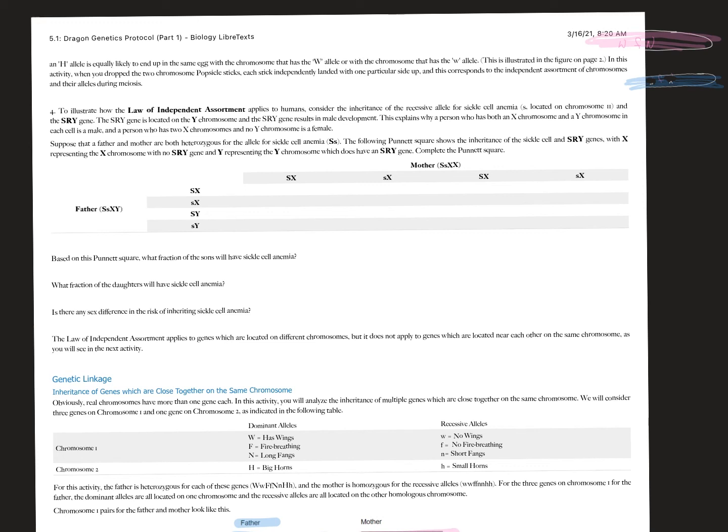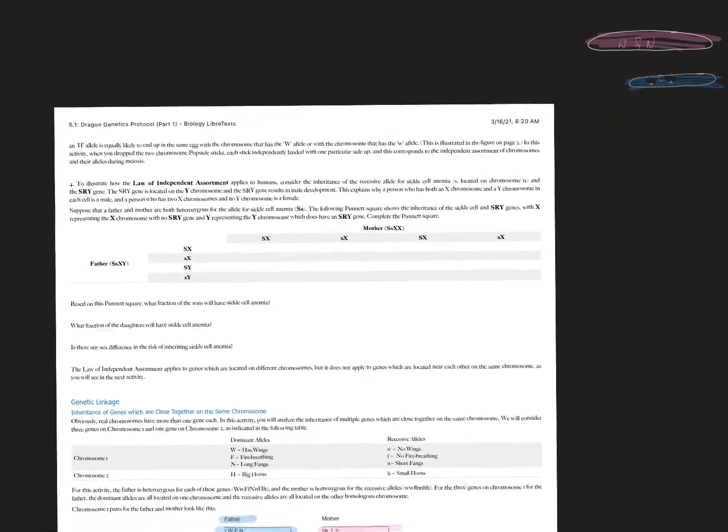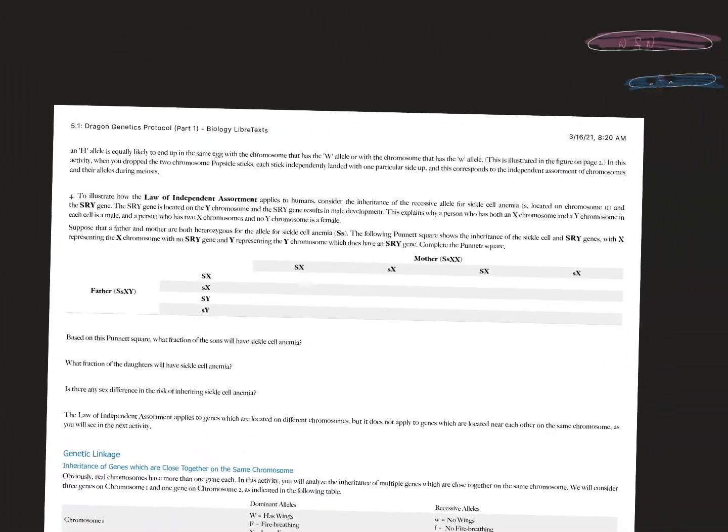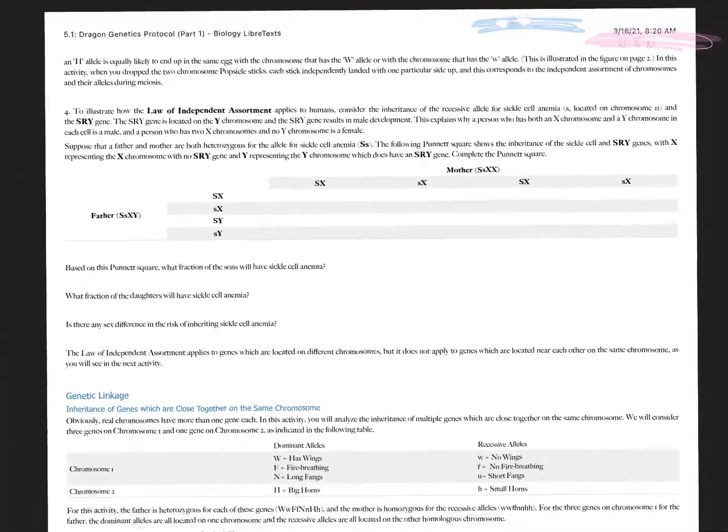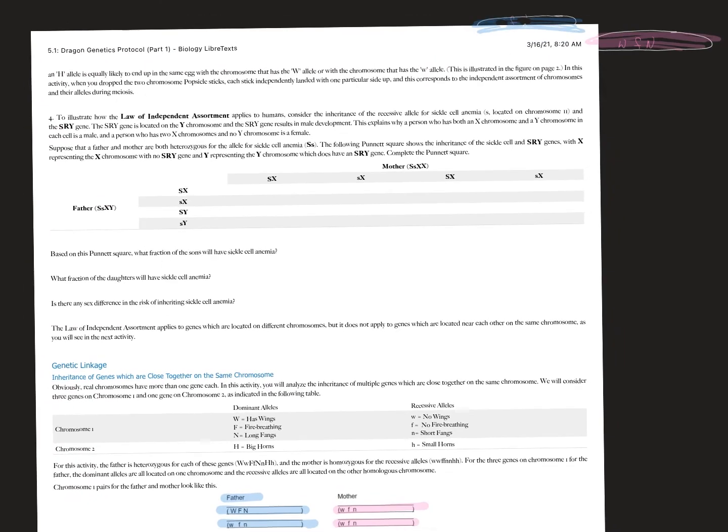Is that clear? Yeah. All right. So let's not get things confused. No one in here is trying to say that this defines a gender. It doesn't. But it is an important aspect of the male genders to have that SRY gene.